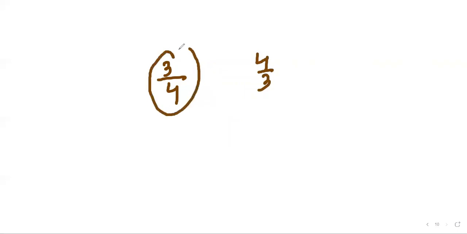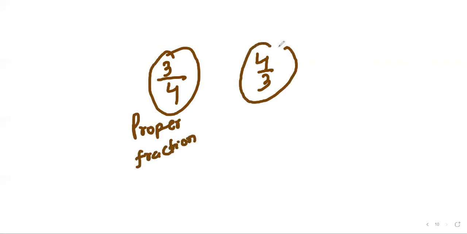The most important thing to note over here is that if 3 over 4 is a proper fraction, and if I want to reverse it, it will become 4 over 3, right? So 3 over 4 is a proper fraction. Then by reversing a proper fraction, we will definitely get what? 4 over 3 is there, so 4 over 3 is an improper fraction.